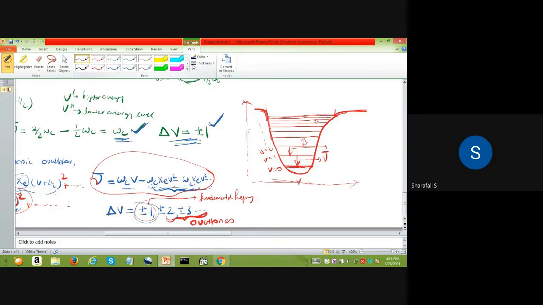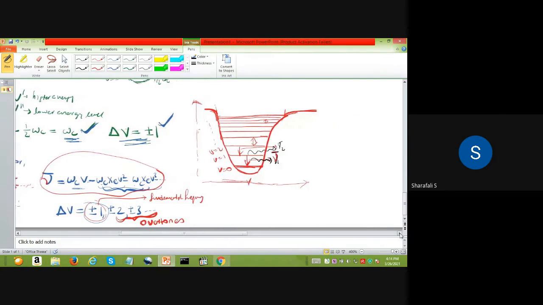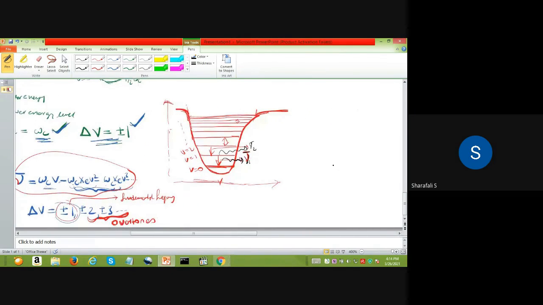Each of these transitions gives a different frequency of radiation. So let's say this is nu2 bar. We put a bar because this is in wave number, not in frequency. So the fundamental one will have very high intensity.